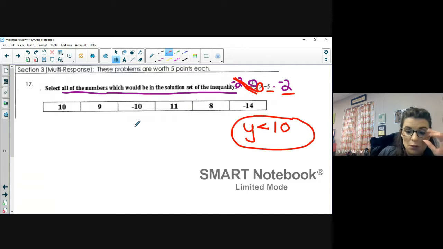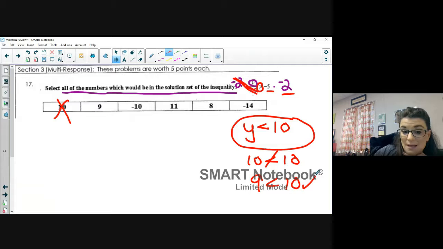So what numbers would work? If y is less than 10, would 10 work? No, because 10 is not less than 10. So you can always check also. Nope, not going to work. Would 9 work? Is 9 less than 10? Yes, that would work. What about -10? Is -10 less than 10? Yes, that would work.